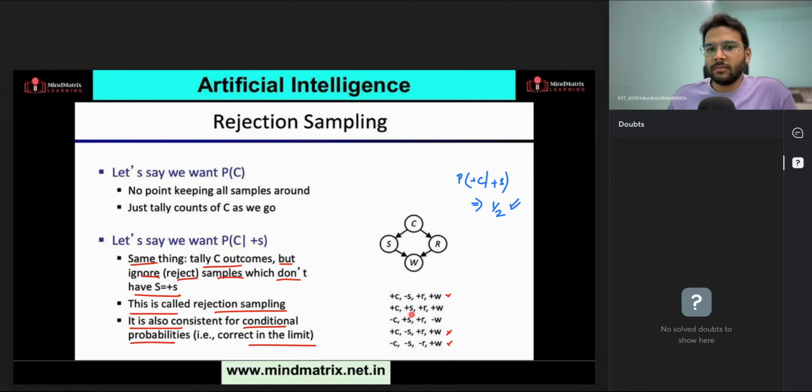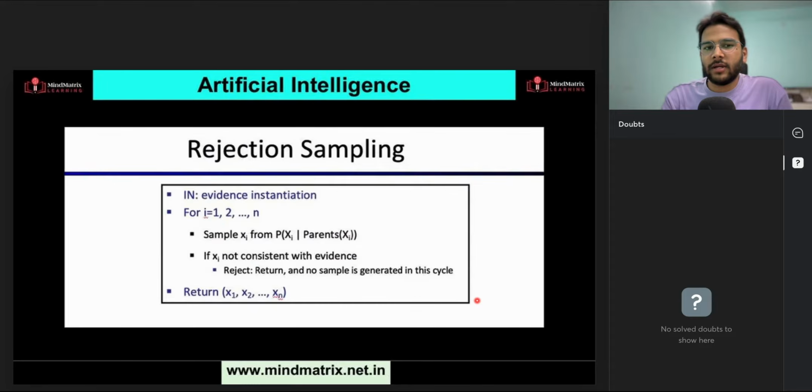Is this clear? Because this is having plus S, this is having plus S. Any doubt, anyone? Crystal clear? Okay. So this is rejection sampling, right? And this is the algorithm of rejection sampling. Fine.